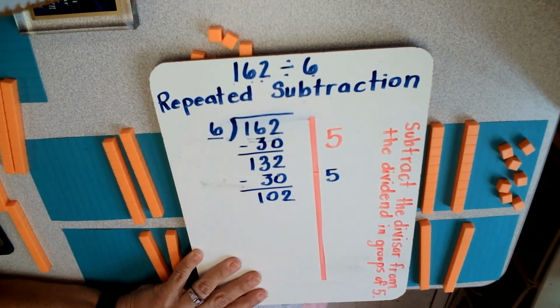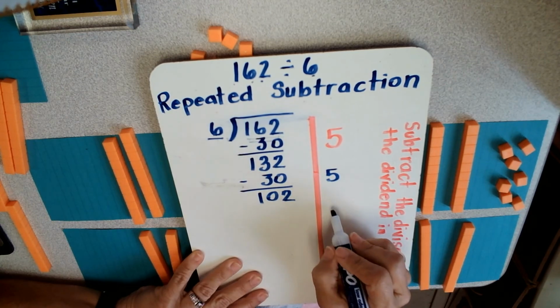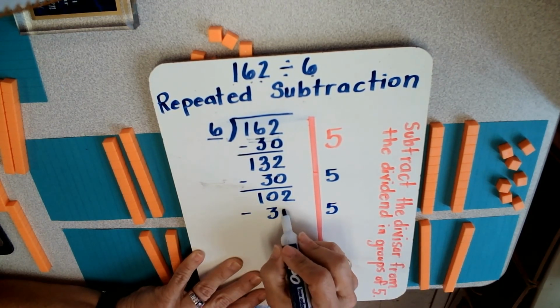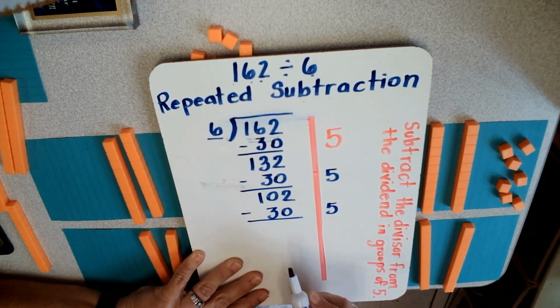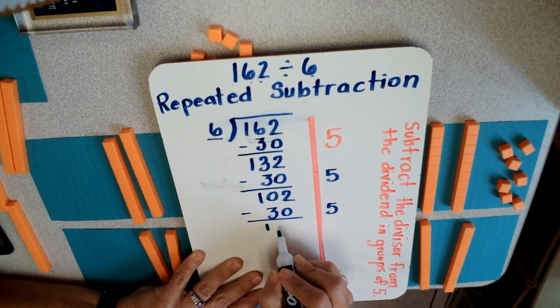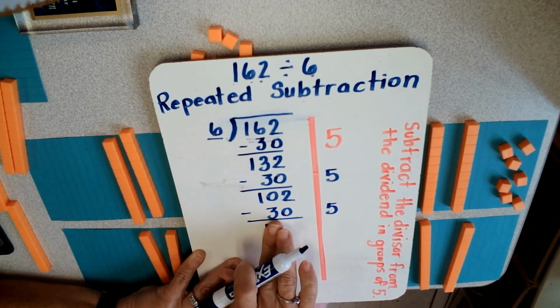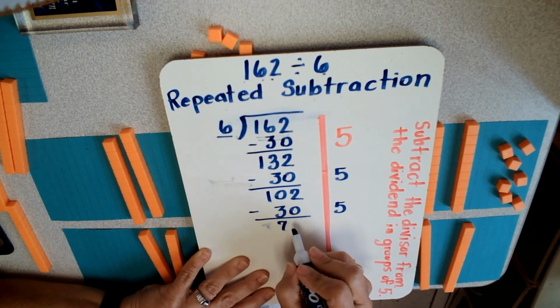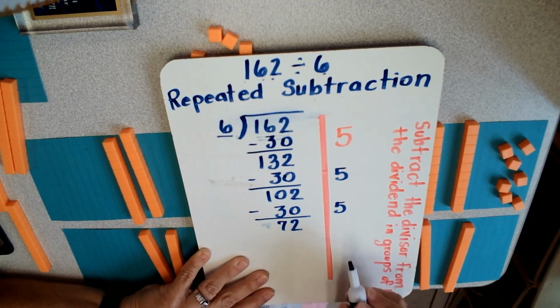All right, I'm going to subtract another group of 5, which is another 30, and I get 102. All right, when I subtract another group of 5, I get 72.